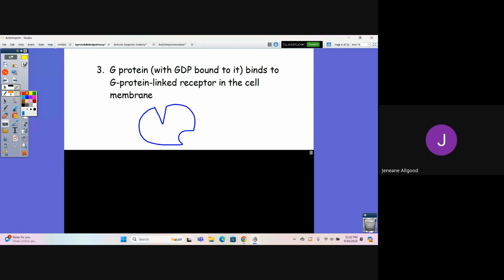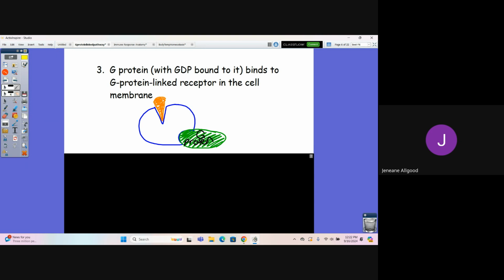So notice our signaling hormone is still bound to it here. This is going to be our G protein, and it's going to have GDP bound to it.